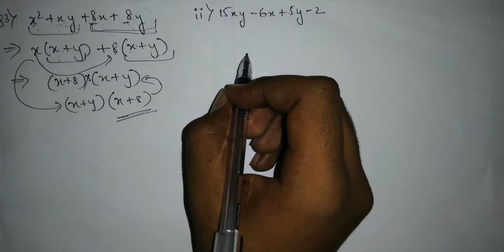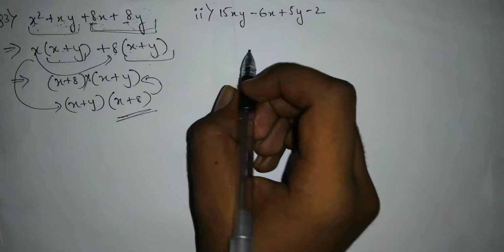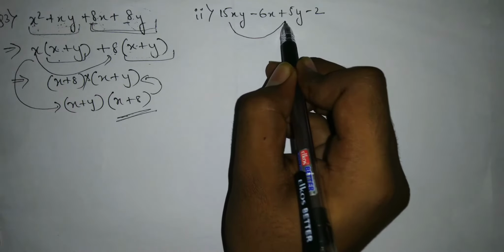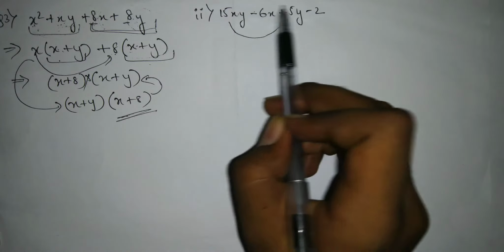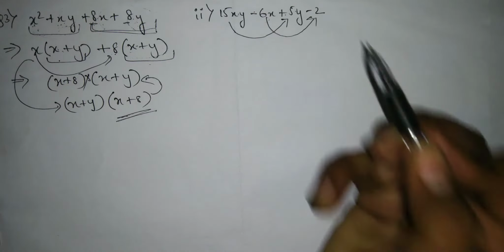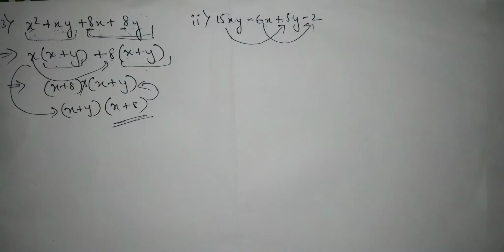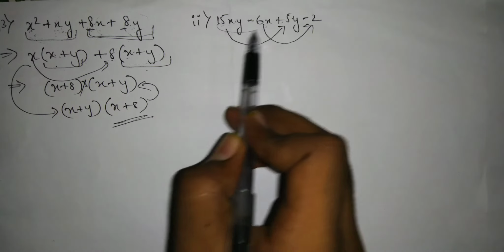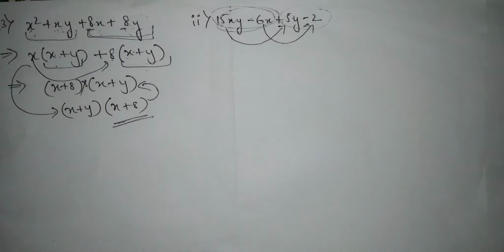I can do one thing: I can group 15xy and 5y, because 5 will be common in both the terms, and minus 6x and minus 2, because in this 2 will be common, or we can say minus 2 we can take as common. So it is better to group that way, or you can proceed with the same grouping method, that means first two terms and next two terms. It's your wish. You will land up at the same answer.